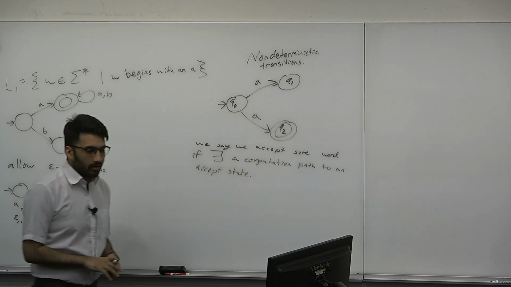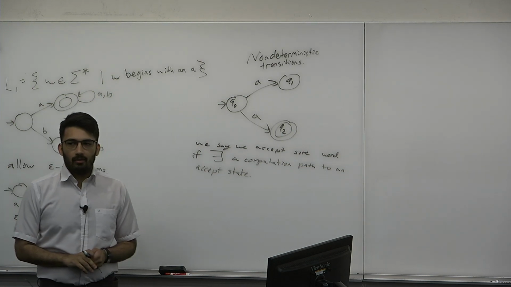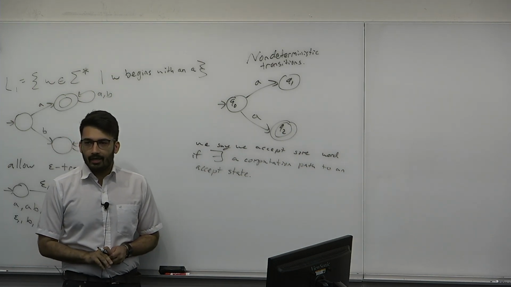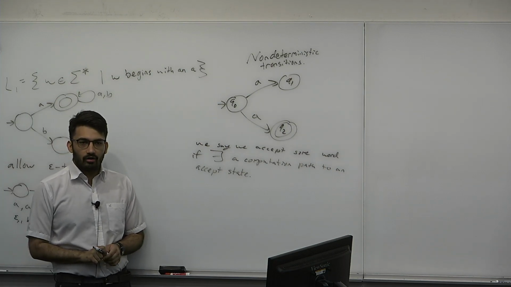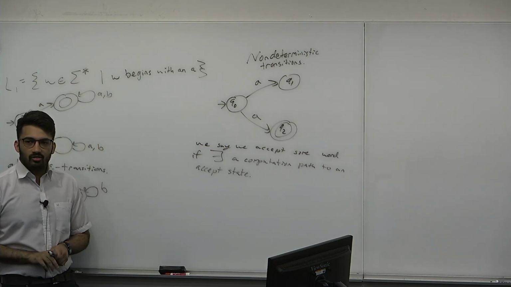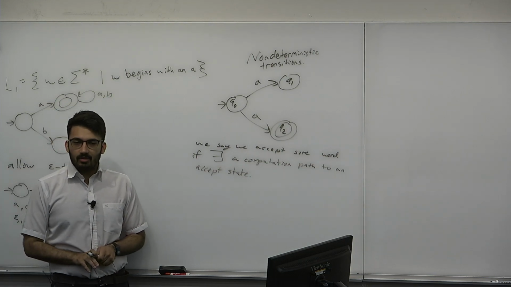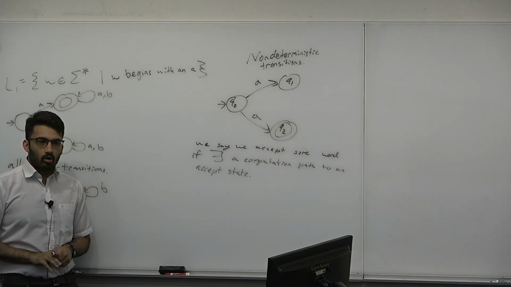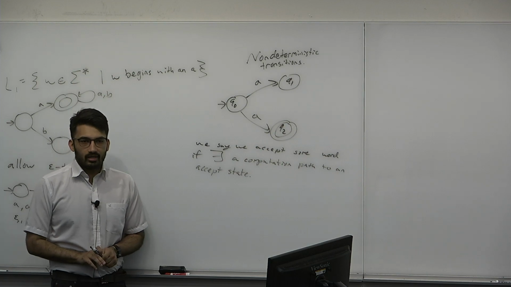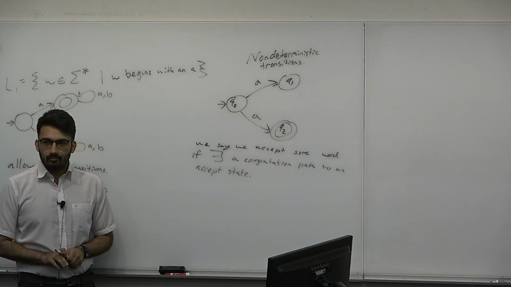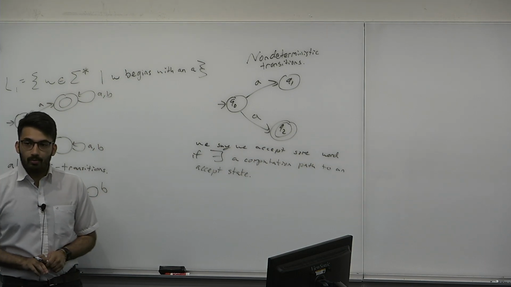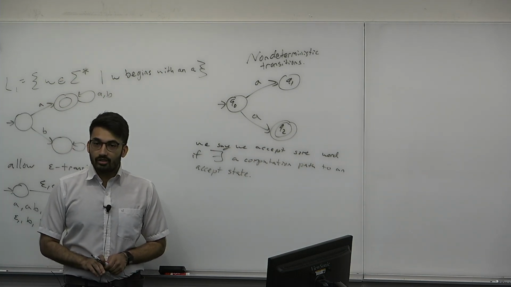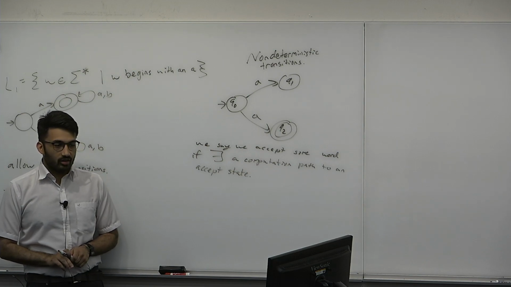It doesn't really matter how many unlimited bad rejecting computations exist of a word on an NFA, as long as there exists one accepting computation path of the word on the NFA, then we say we accept. Right? So these are the three generalizations we're going to make to our transition function for the NFA.